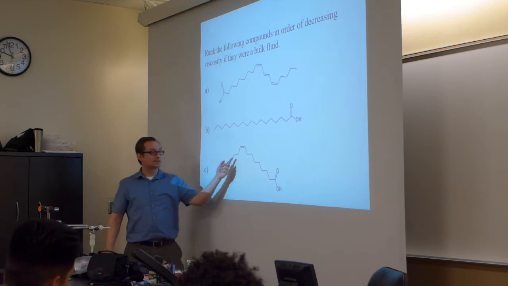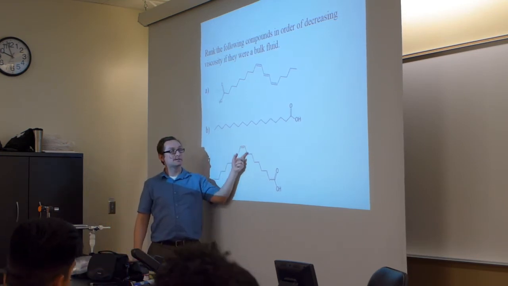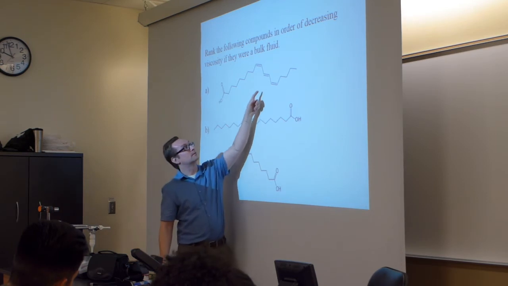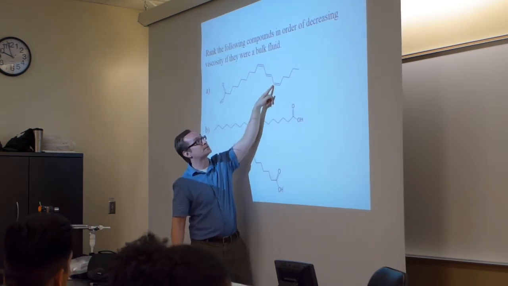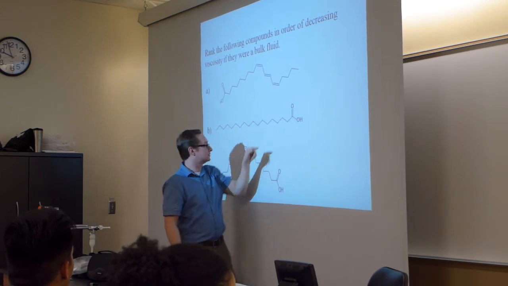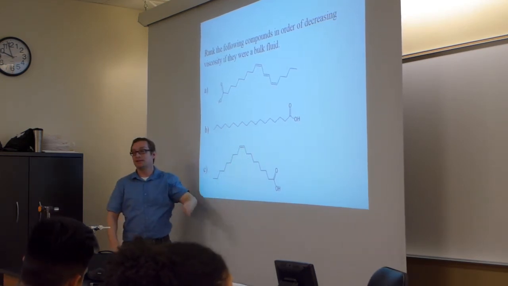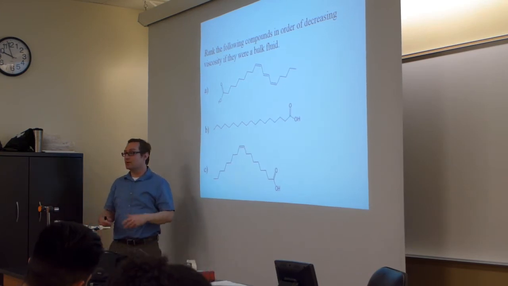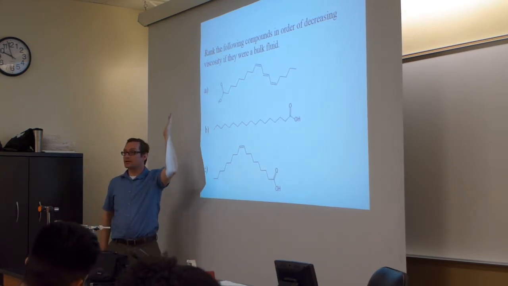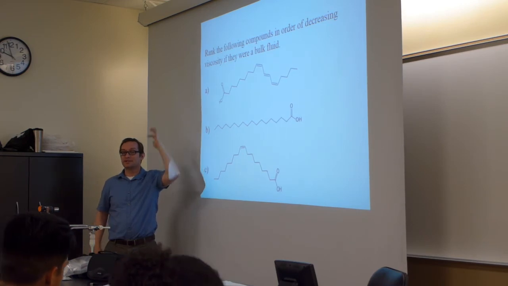This is a cis fat versus this part would be trans fat. One up, one down versus both up or both down. So cis and trans refers to, with a double bond, are they both up or is one up, one down? That's cis and trans.